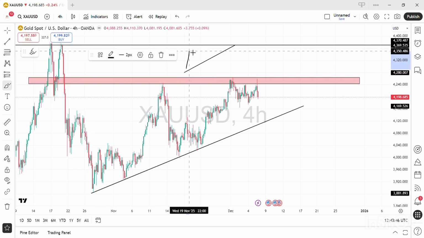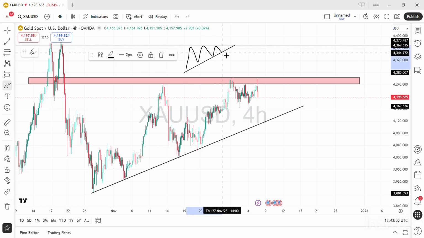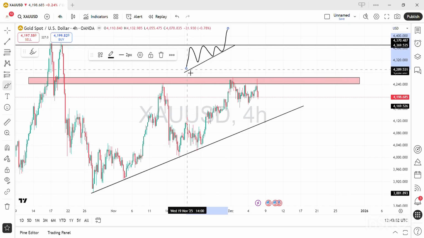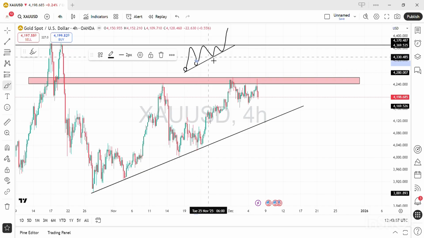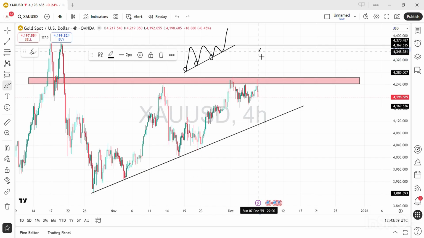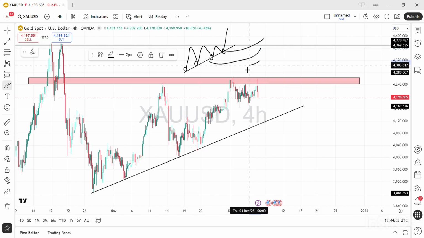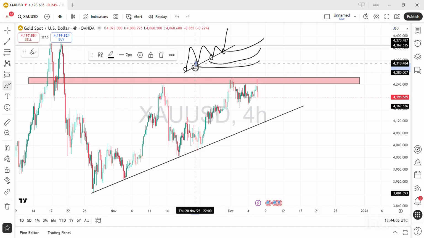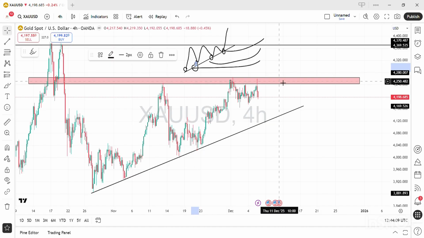Okay, so one thing is very common in that structure: every low made by the market will be higher than the previous low. Okay, so this is an example of a rising trend line, which is also known as an ascending type of triangle. So here you can also find that the structure is very similar.